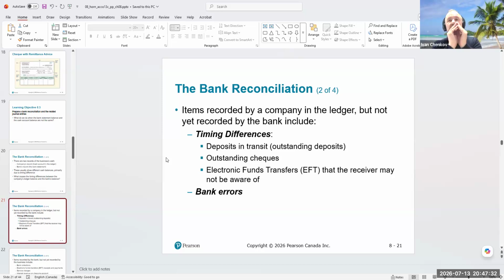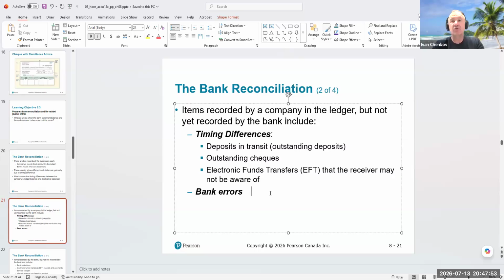At the end of the month, you may have checks which you sent to your vendors as payment, but they haven't cashed them yet. That means whatever you have in the bank, you can deduct the amount of the outstanding checks, because those checks can be cashed anytime.